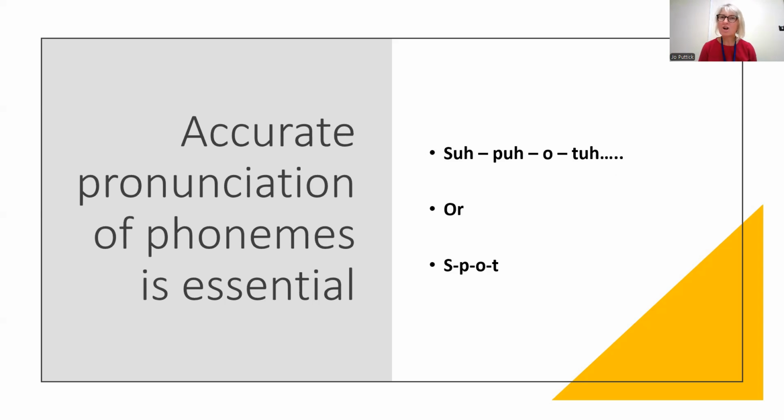But we've found it's much harder for children to blend those sounds together to then say words. Much better to say this: s, o, t, because the pronunciation there makes it easier for children to blend those sounds, s, o, t, to make the word spot.